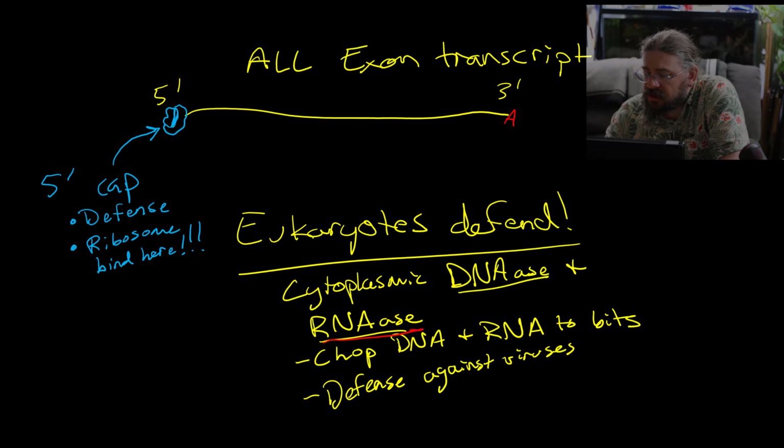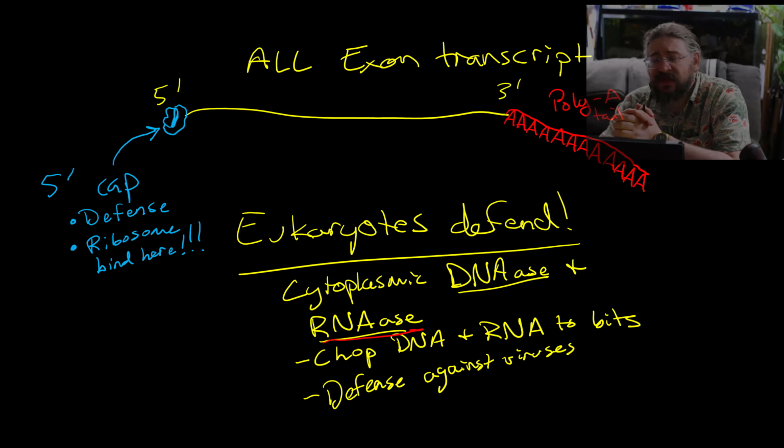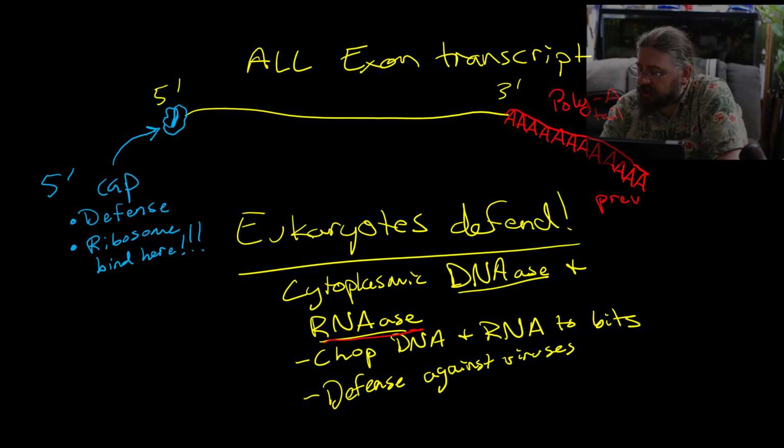You might be getting a guess at what nucleotide this thing is made of, right? So attached to the 3' end is the poly A tail. The poly A tail does not prevent this transcript from getting chopped, right? It does not prevent chopping.